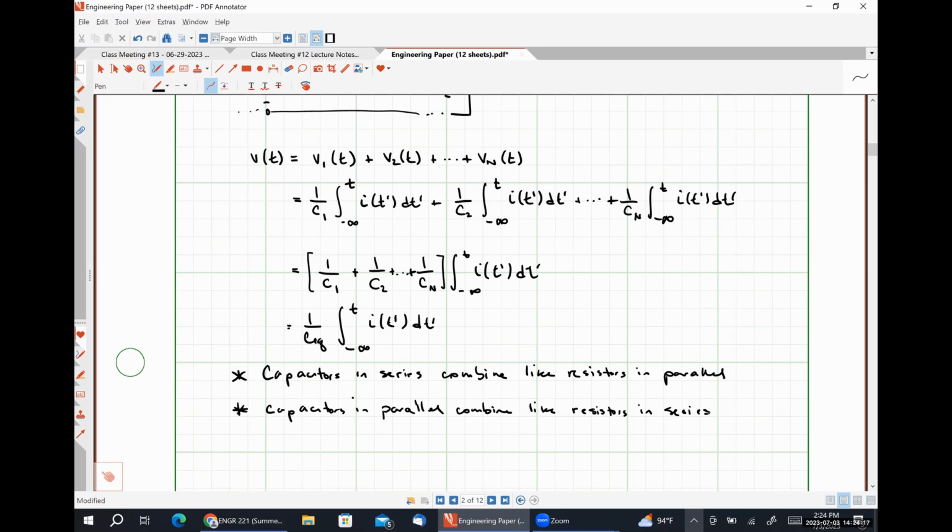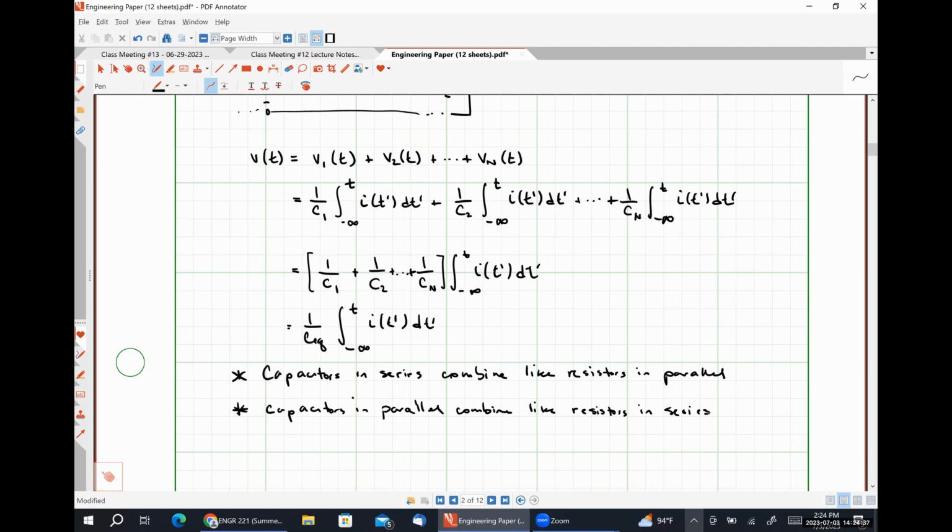So on your next exam, you are going to be expected to understand all 4 of these capacitor relationships, as well as all 4 of the inductor relationships that we covered in class last Thursday.